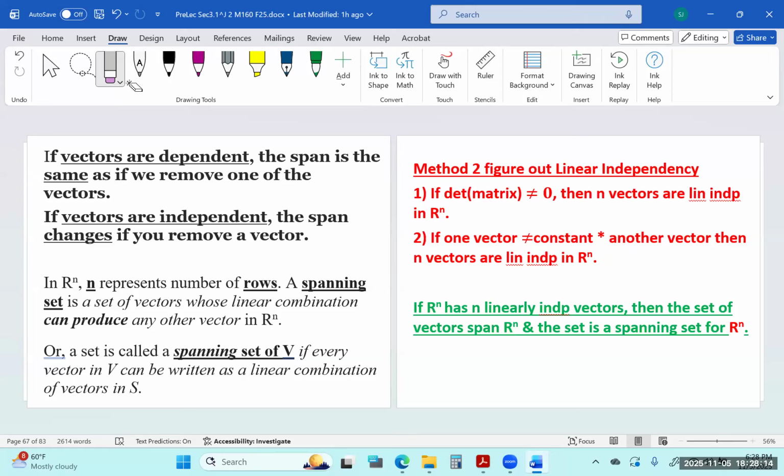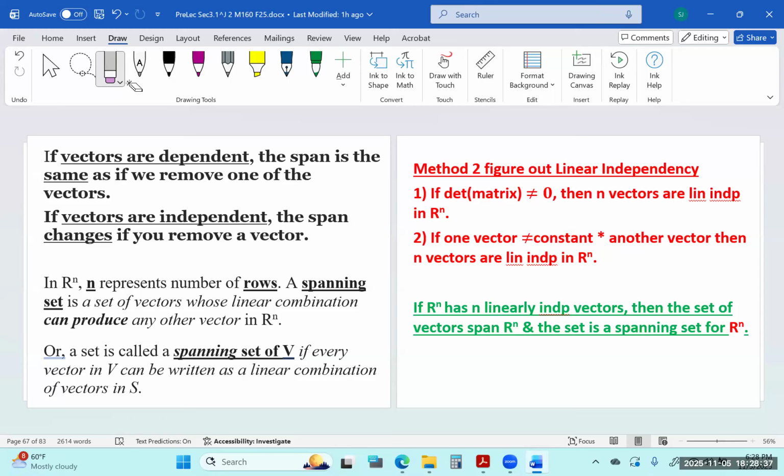But if the determinant is 0, then they are linearly dependent, not independent. Okay. So if Rn has n linearly independent vectors, then the set of vectors spans Rn, and the set is a spanning set for Rn.